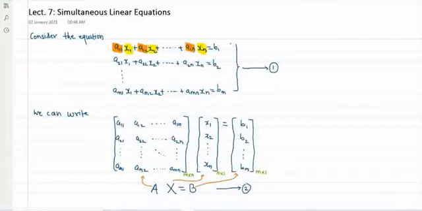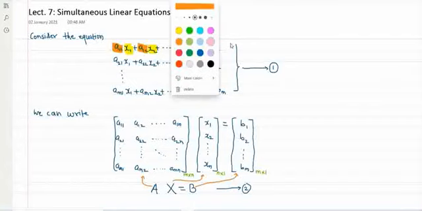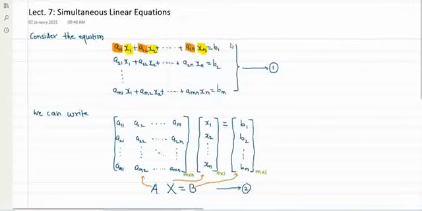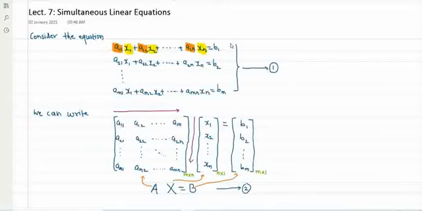Now for 1, suppose I will go in the reverse order. You know how the matrix multiplication is defined. I will use different color, then you will get an idea. Multiplication of the row, this one, and this column. Only one I will write here. So if you take a multiplication, first element is a11 into x1. That is the first element. Not necessary to write, but for your understanding, I am writing.